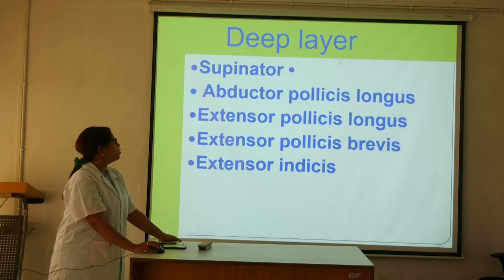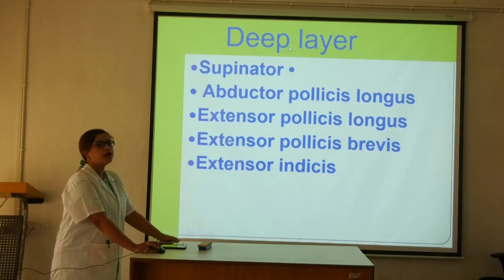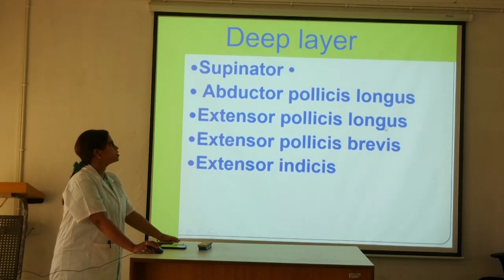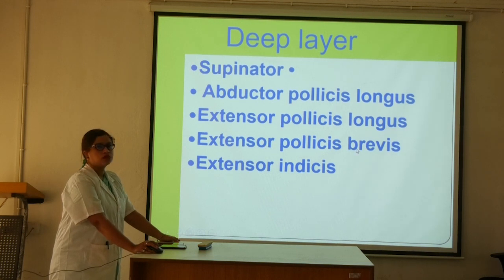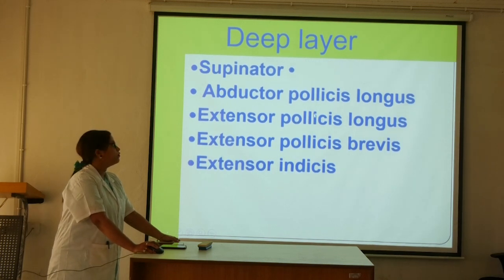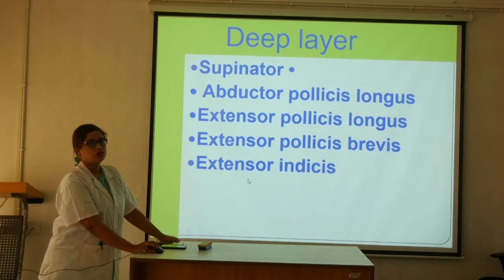Okay, so the supinator would be found in the deep layer. The next muscles are abductor pollicis longus, extensor pollicis longus, and extensor pollicis brevis. So for extensor there are two, one long and another short muscle. But for abductor only one. And then another one is extensor pollicis.